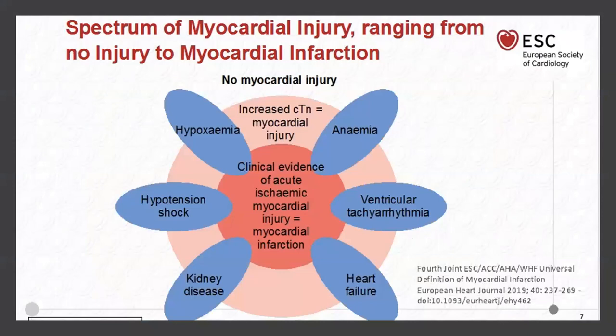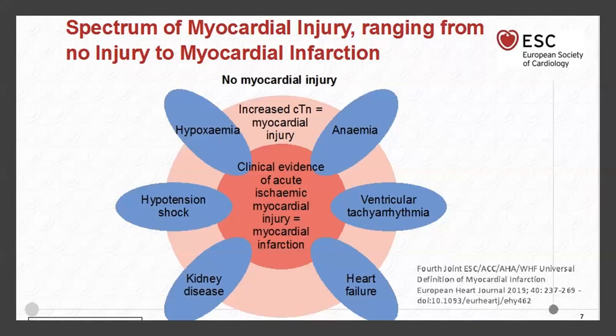In terms of the spectrum of myocardial injury, it can range from patients that have no myocardial injury to a patient with myocardial infarction. So this shows us that not every patient that has a rise in cardiac troponin levels actually has a myocardial infarction.